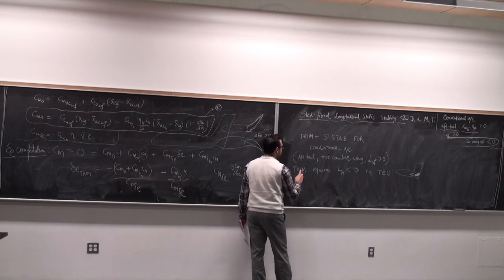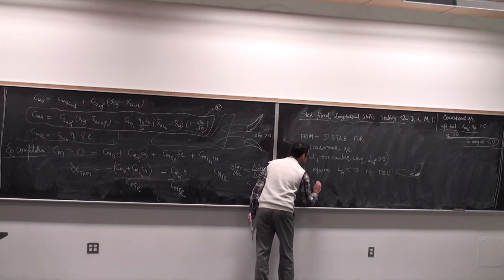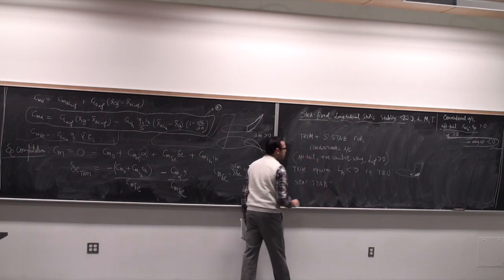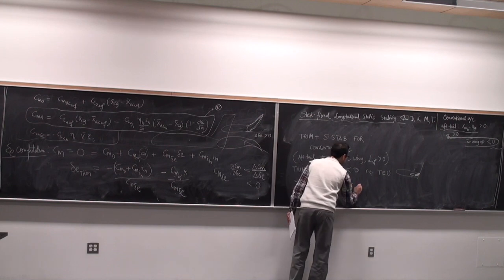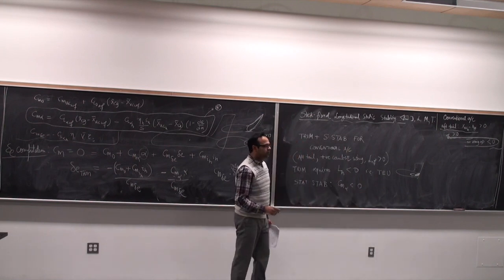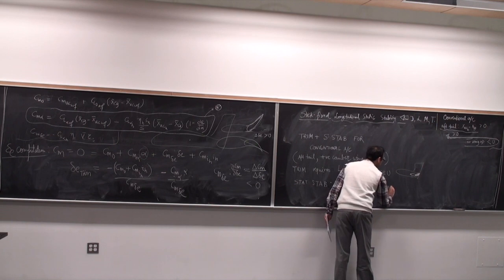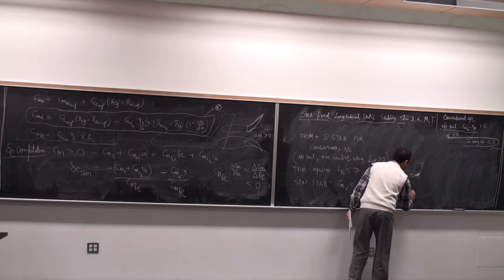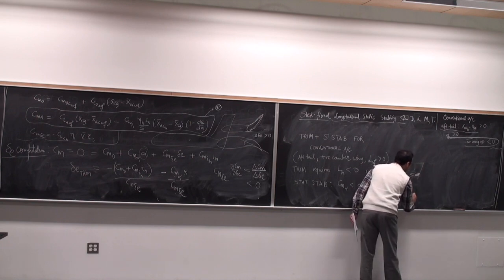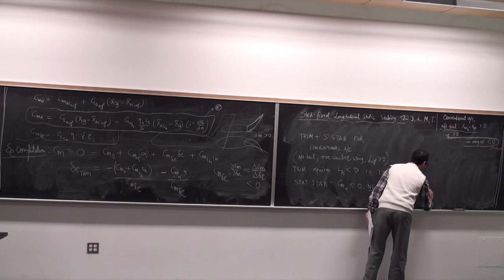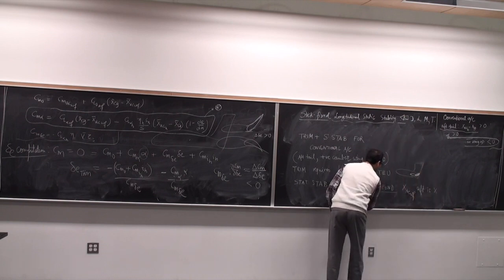And for static stability, all we need is that Cm alpha be less than 0. And a necessary condition is that XCG is XAC wing fuselage is aft of, well, this is not a necessary condition, I'm sorry, this is a sufficient condition.